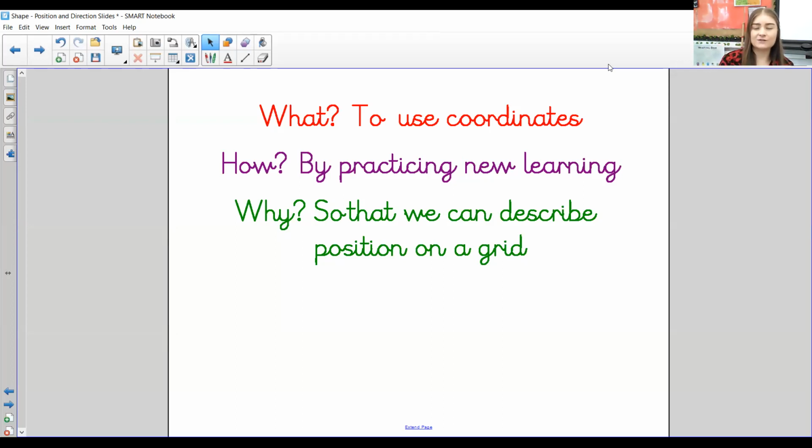But coordinates are two numbers that correspond to a grid reference. So they are two numbers that locate a specific point on a grid. Let me write that down. Okay, so coordinates are two numbers that locate a specific point on a grid.